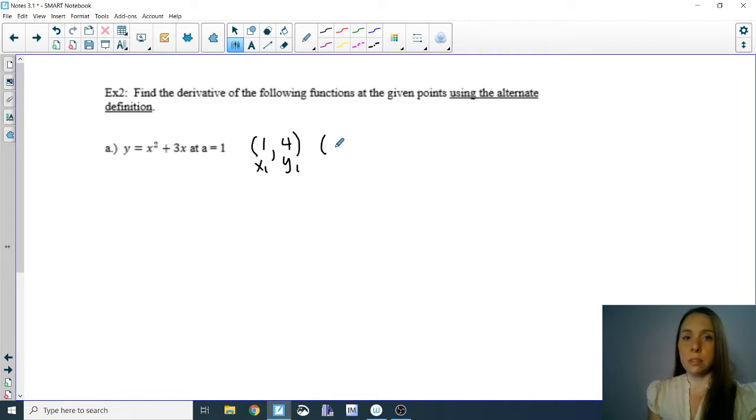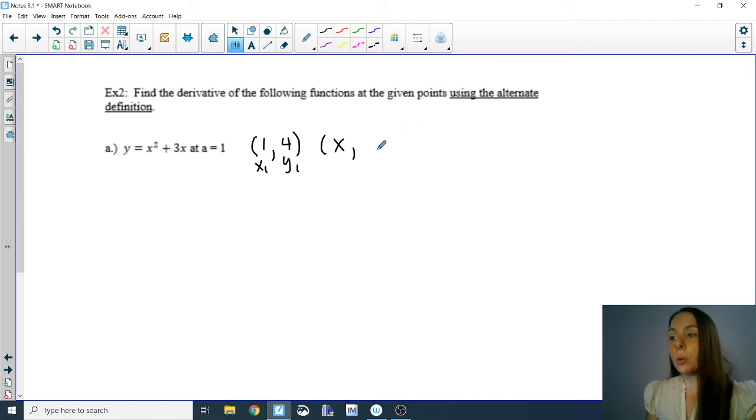That's not the case for the alternate definition. And this is actually where some students kind of like it. They're like, oh, it's that easy. All we're going to do here is we're going to label the second x coordinate as just x. That's it. Comma, and then look at this equation. Look at it for what it's saying to you. It's saying y is x squared plus 3x.